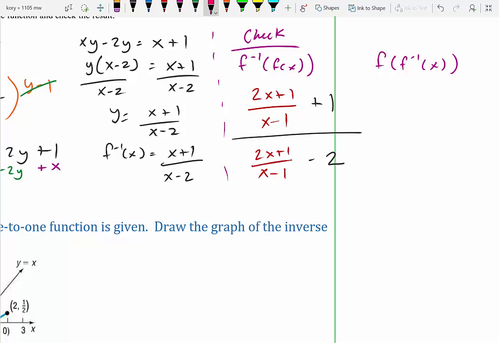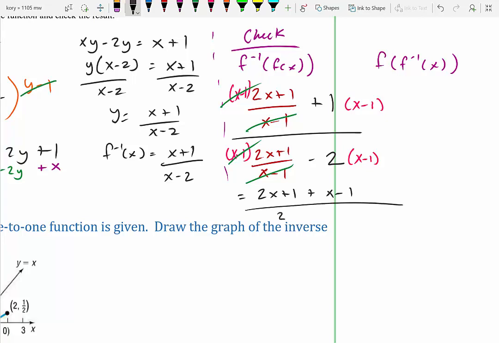What would you multiply by? Yep. So those x minus 1s in the denominator cancel out. So we're left with 2x plus 1 plus, so 1 times x minus 1 is just x minus 1. And that's over 2x plus 1.